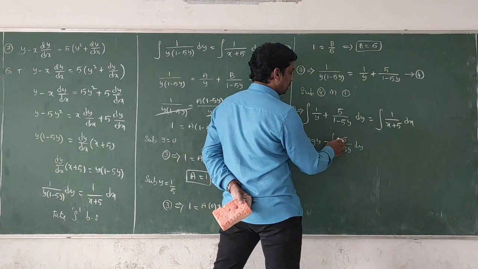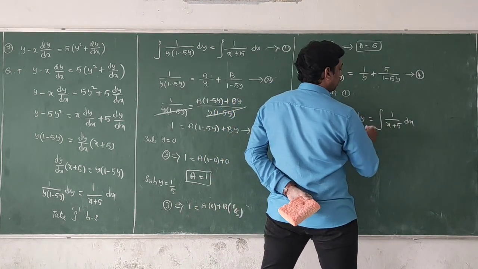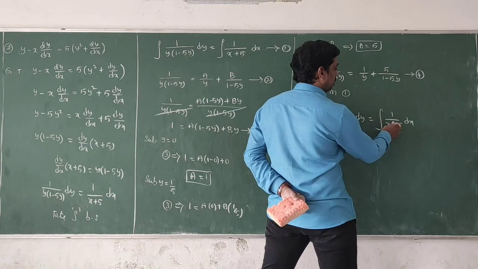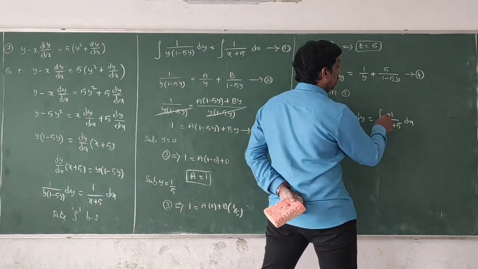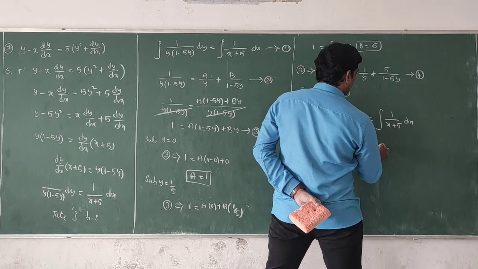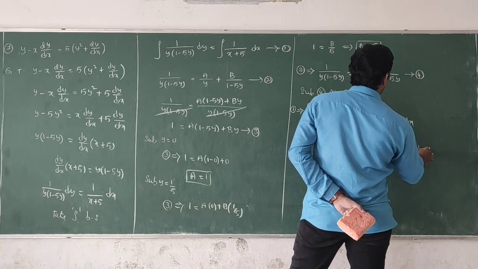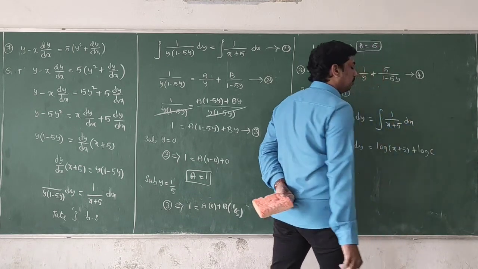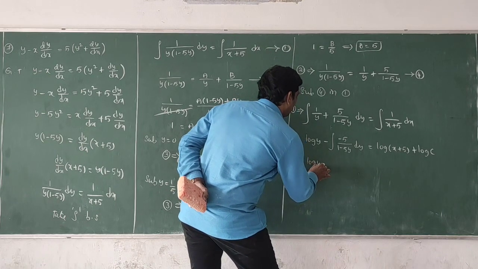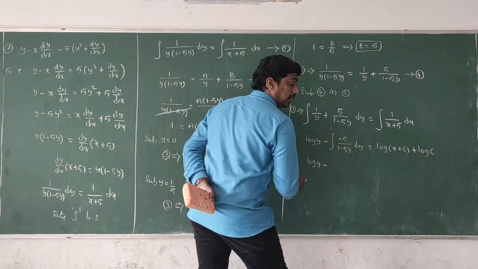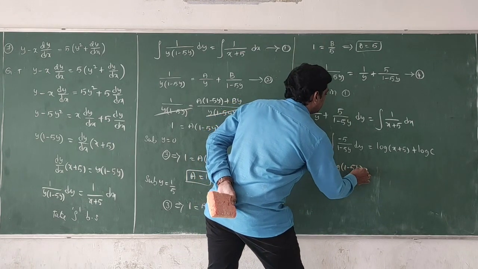No, because minus into minus is plus. Then f dash x by f of x integrates to log of f of x. So log of (x plus 5), and write the constant in terms of log only. Now log y minus log of (1 minus 5y).